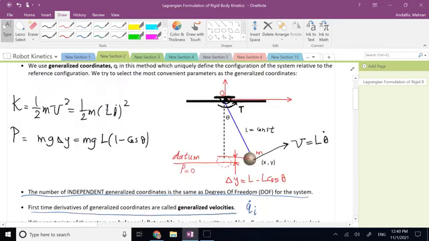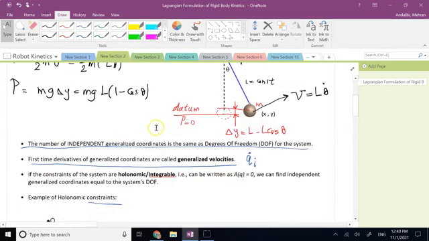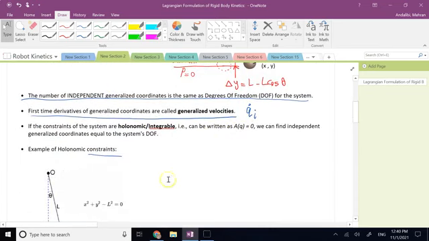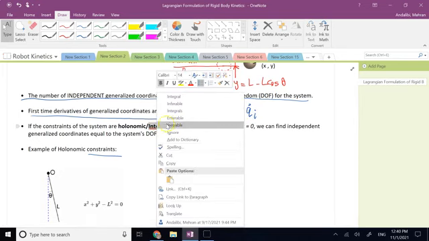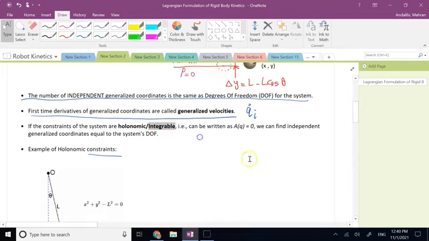And the other way to describe it is, even if they are written in terms of q dots, you can integrate it and convert it into the equivalent equation that is only among q's. So if you can eliminate q dots in that constraint equation, then we call it integrable or holonomic. Not every constraint that you see in real world in physical systems is integrable.